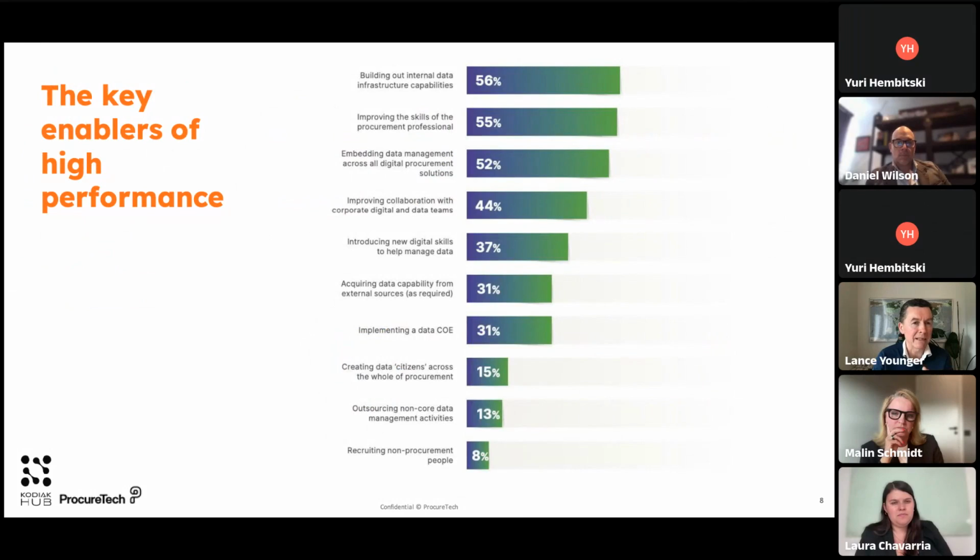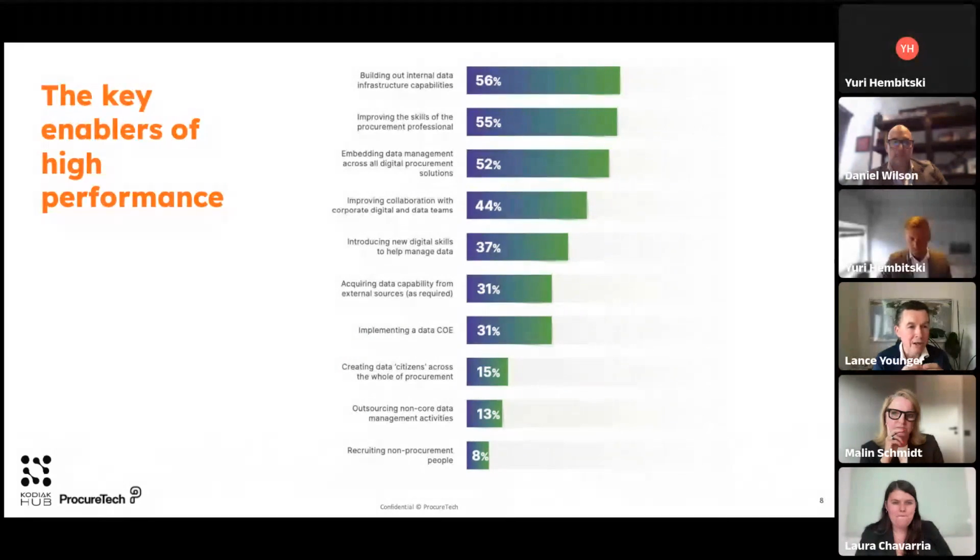So what are organizations doing to enable better performance and better data? Well, a couple of things stand out at the top four. Most organizations looking to enable higher performance are building out the correct data infrastructure and the correct data capabilities. They're then looking beyond that to improving the skills of their organization, and in turn embedding data management across their digital procurement solutions.